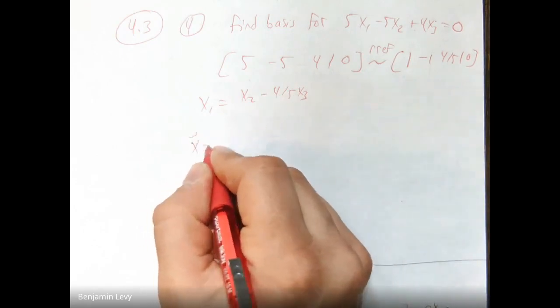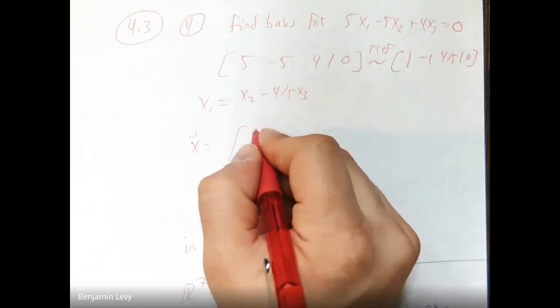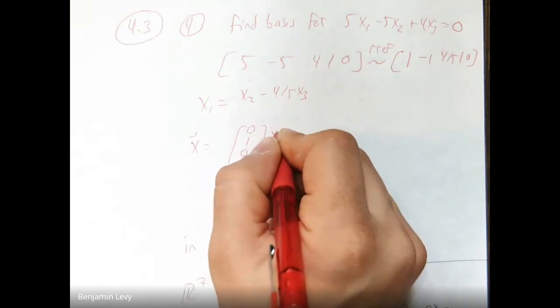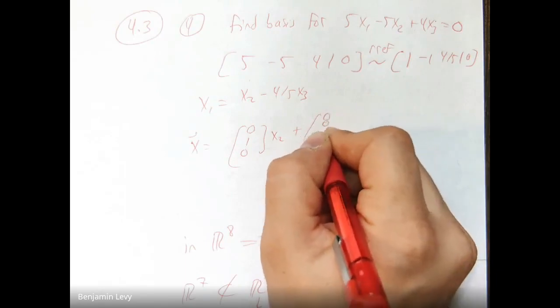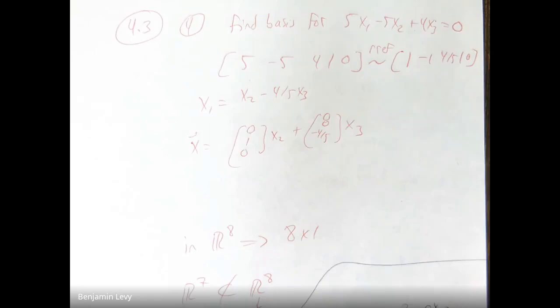So it would be 0, 1, 0, x2 plus 0, 0, minus 4/5 x3. Wait, now I'm confused.